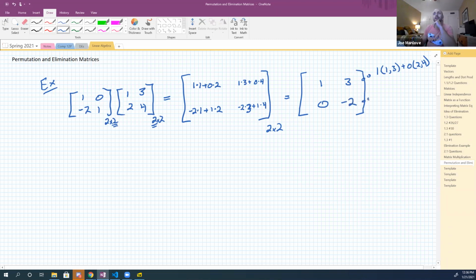And that is 1 times the first row. What got multiplied by the first row there? That was negative 2 times the first row plus the second row.